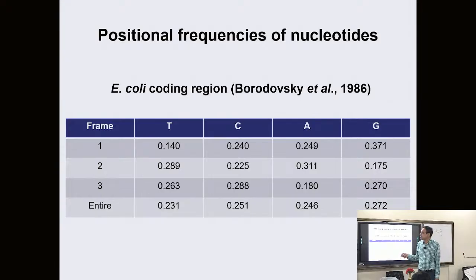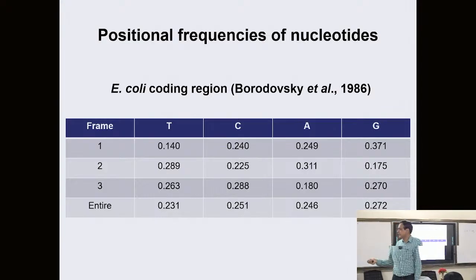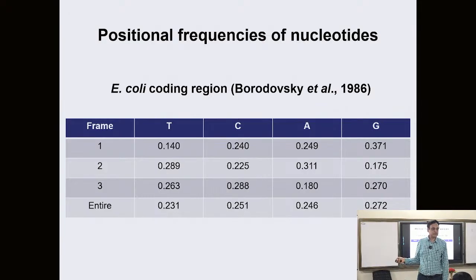Okay. So you can observe more frequency of A or G at position 1 compared to position 3, for example. So more occurrences of nucleotide A or G at position 1 and C or T at position 3, and so on.